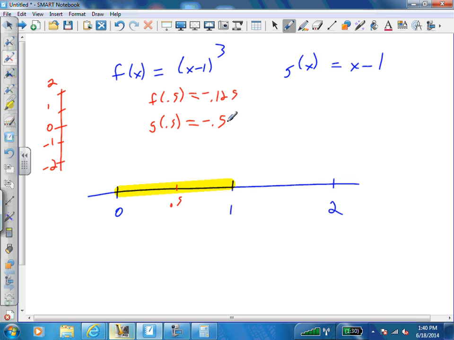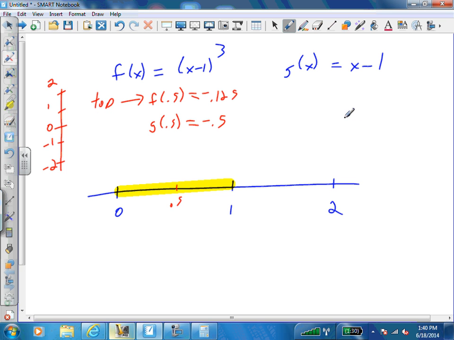So that's more negative than that, so that's your larger value. Just think about it. When I describe it in basic math, I would rather owe somebody $0.125 than owe them $0.5. So that top one is larger. So that's the top function in that region.